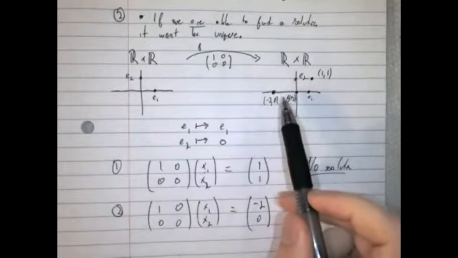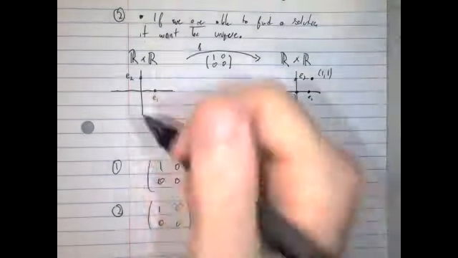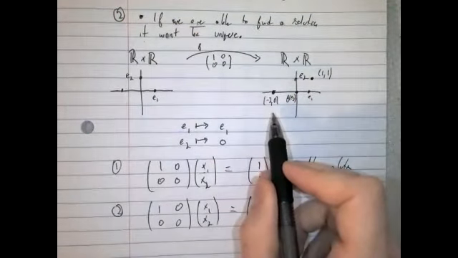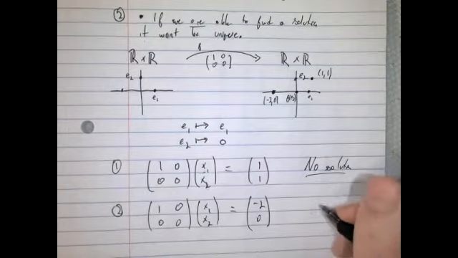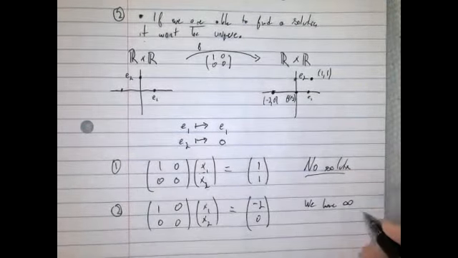First of all, are there solutions to this linear equation? Yes. What's one solution? x1 equals -2. The vector -2, 0 will map to the vector -2, 0. So here we have solutions. But we actually have infinitely many solutions.